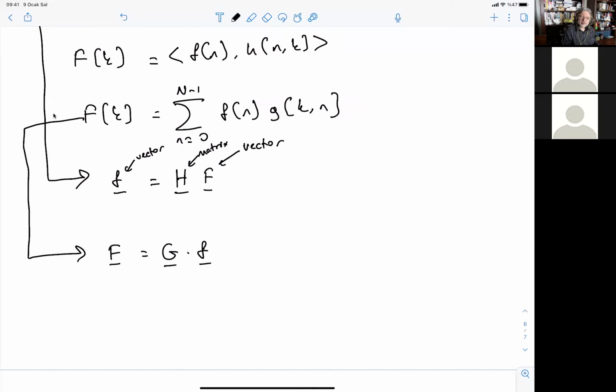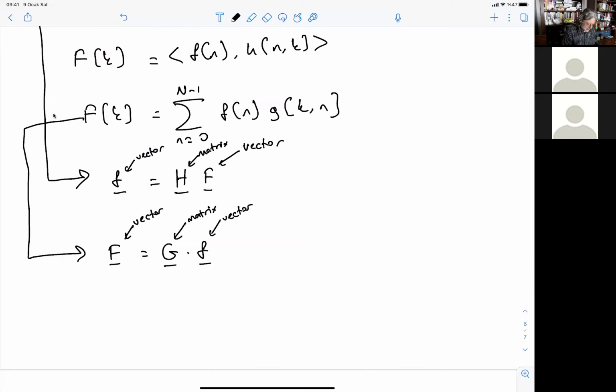So this is again the input vector. This is the matrix, which is like the transform matrix, essentially. This G matrix is called the transform matrix. And the output is a vector, which is the transform of lowercase f.